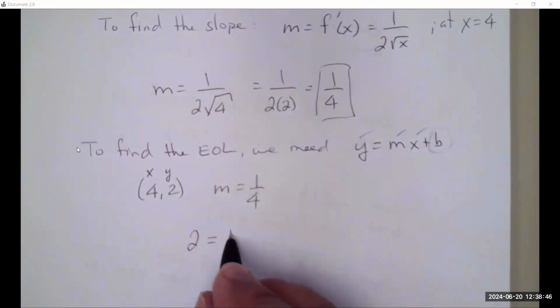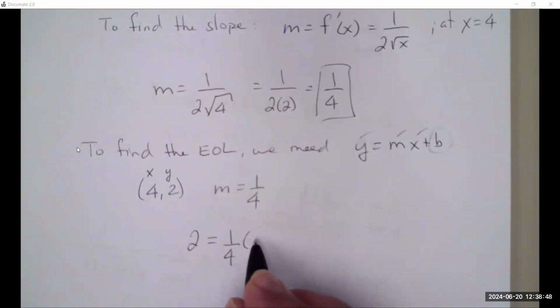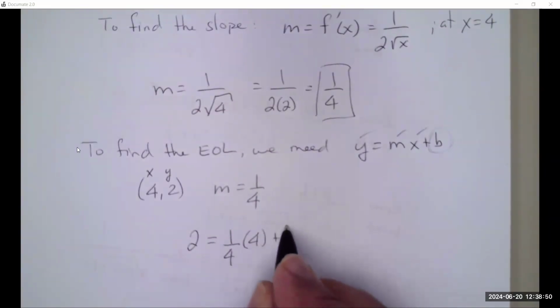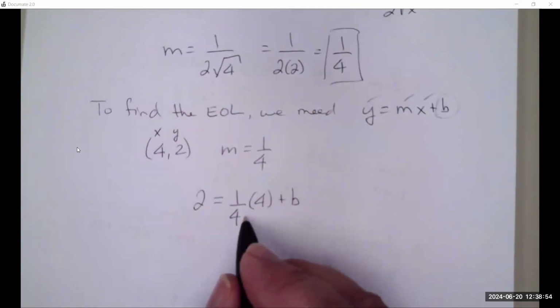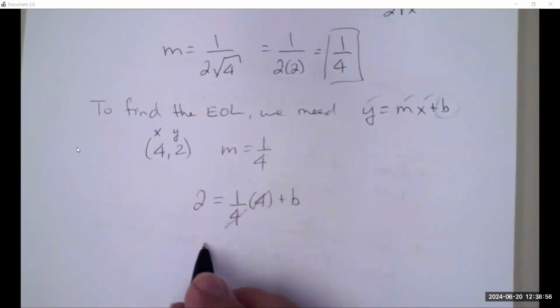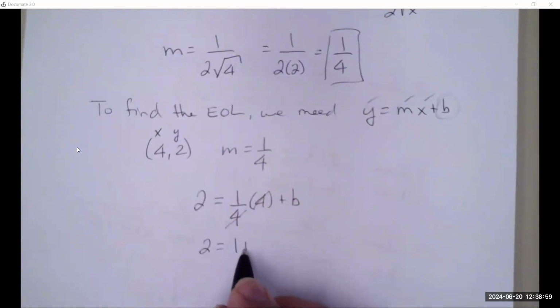So 2 equals 1/4 times 4 plus b. The 4's cancel, so we have 2 equals 1 plus b.